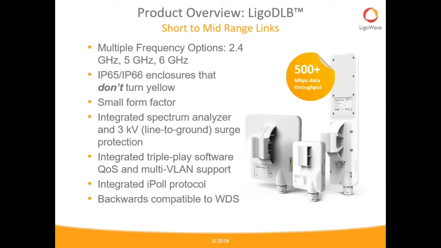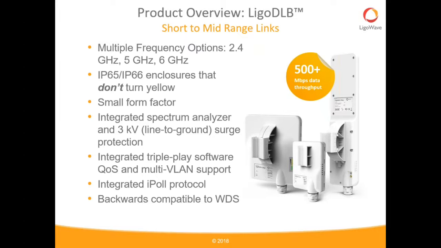It's less expensive. You're using plastic enclosures as opposed to metal enclosures. And this is our much more cost-effective line and is very, very good for doing these kinds of short to mid-range links. We have these available in both 2.4 and 5 gigahertz, and outside the US in regions where 6 gigahertz is unlicensed, we have launched these products also in the 6 gigahertz band.